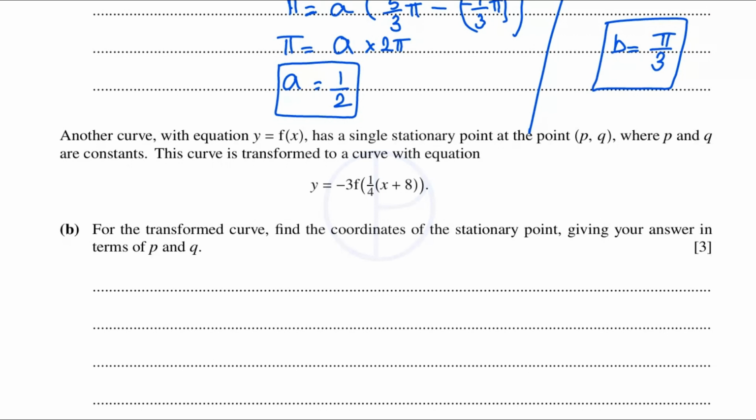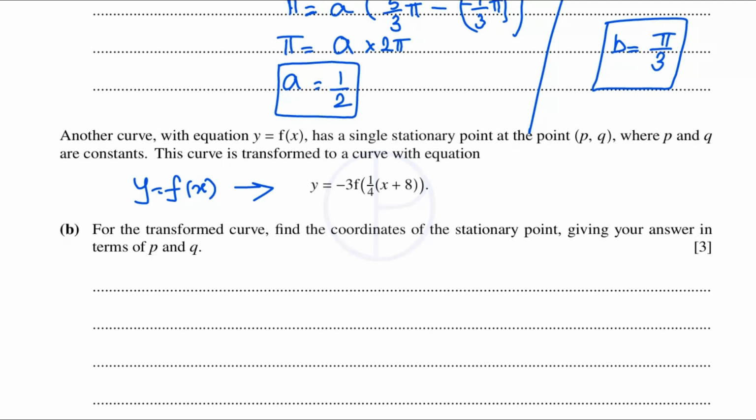Okay, so let's find out what is the sequence of transformations applied on the curve y is equal to f of x to get y is equal to negative 3 multiplied by f of 1 over 4 multiplied by x plus 8.